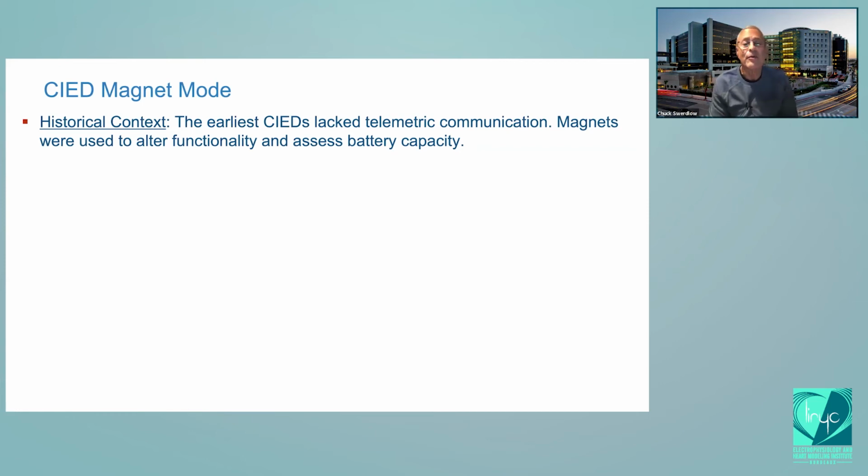Even before I was born, and before I got into this, there were original pacemakers that didn't have telemetry. You couldn't put a programmer on and communicate. They had the devices, but no method of communication. Magnets were used to alter the pacemaker functionality to assess battery capacity. Of course, we don't need them for that anymore.